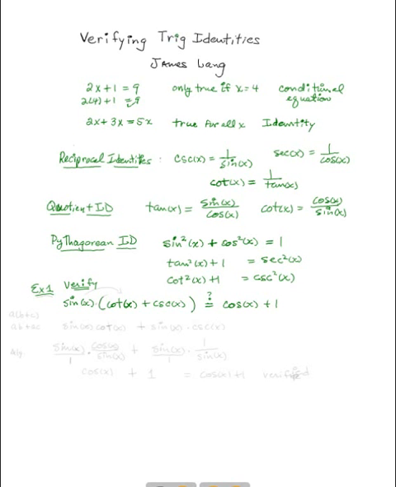Now, one of the strategies used in verifying trig identities is that often you try to work with the side that is, quote, more complicated, or maybe the side that has more things you can see to do. When you look at this, the right side seems to be quite a bit simpler than the left side.